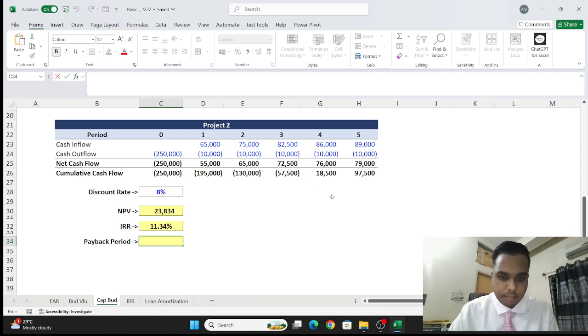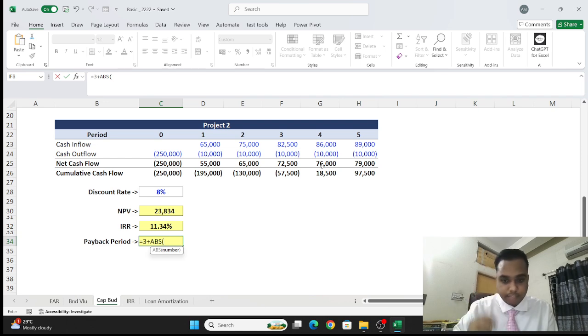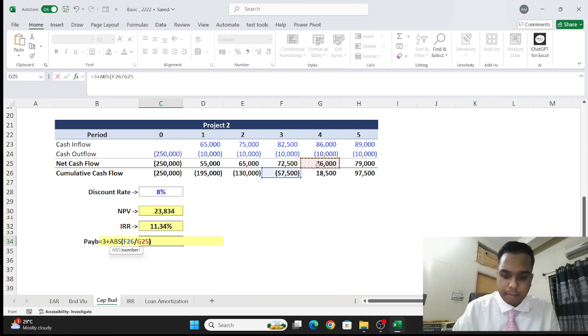So for the fraction we have to write this equal 3 plus ABS. The ABS means the fraction, and we have to divide this amount by this amount to get the payback we get.